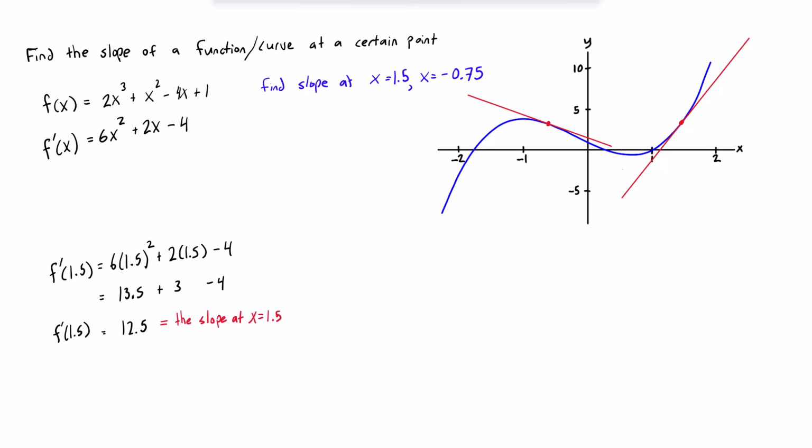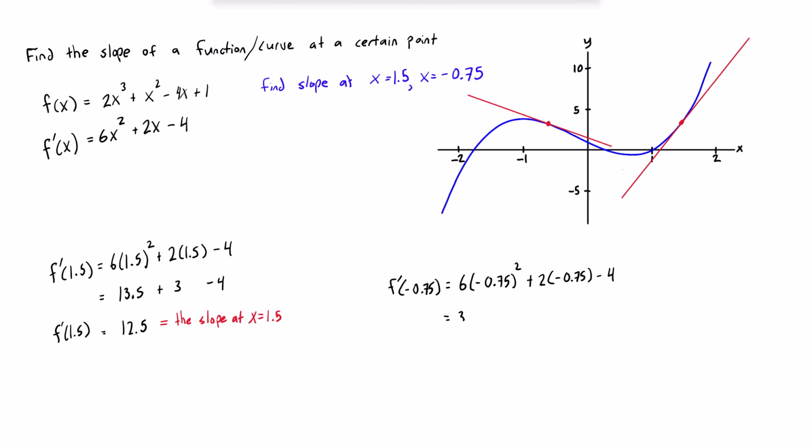All right, let's do the other one here. So we're looking for the slope at x is equal to negative 0.75. So that will be f prime at negative 0.75. And we're just going to plug this in for all of the instances of x. So we have 6 times negative 0.75 squared plus 2 times negative 0.75 minus 4.